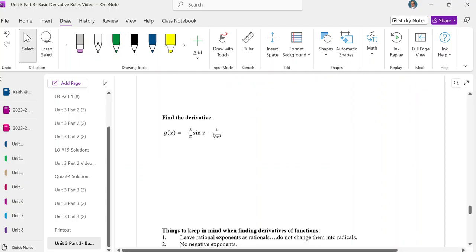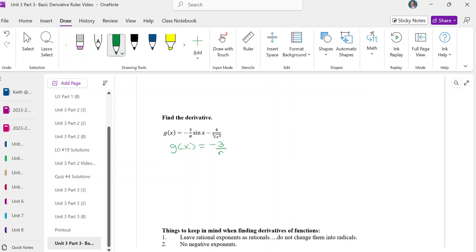Once again here, we'll do the same thing. So we have to first rewrite it. So it's -3/pi sine x minus 4x to the -3/5.